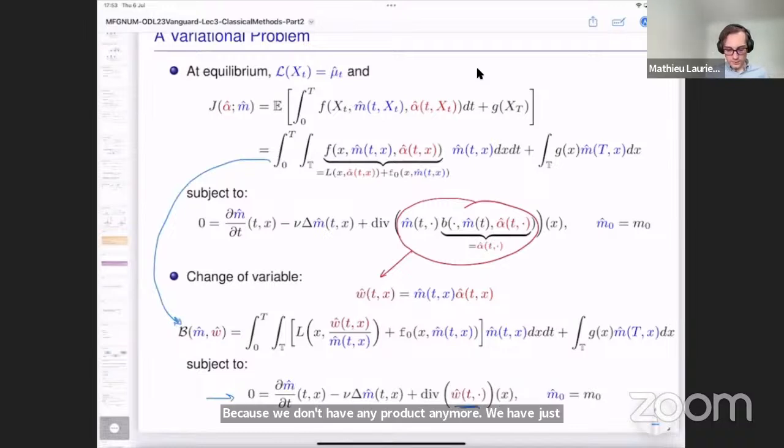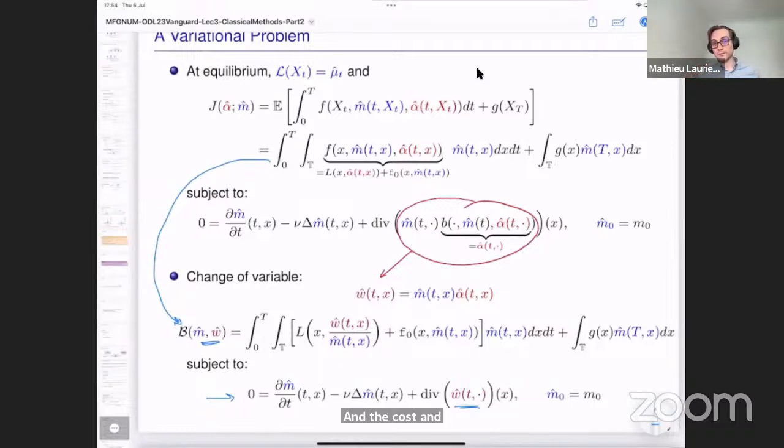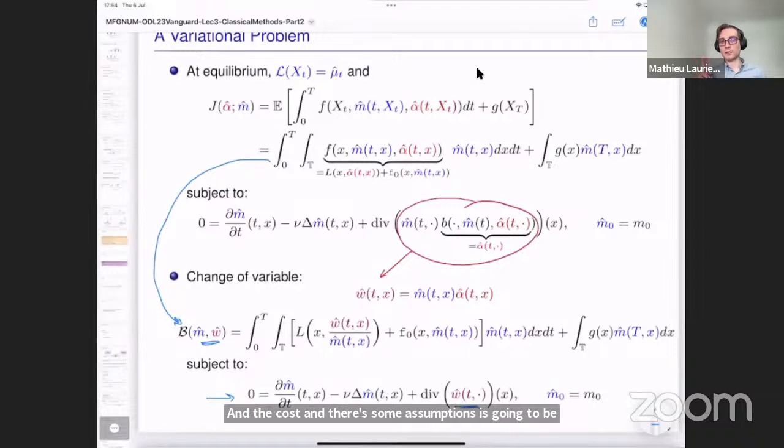So if I use as my two variables m hat and w hat, the constraint is linear, and the cost under some assumptions is going to be convex. So you have a convex cost as a function of m hat and w hat, two variables with a linear constraint. And this is very nice because for convex problems with linear constraints, we have a lot of methods, a lot of algorithms, and also a lot of techniques from the theoretical point of view.